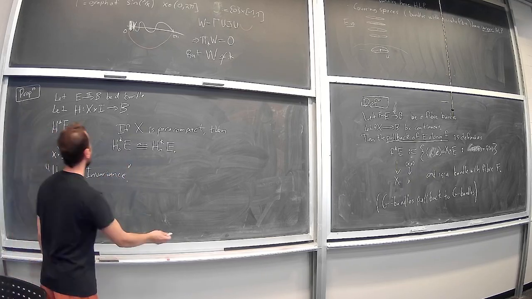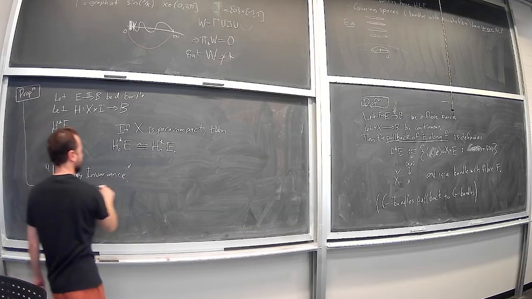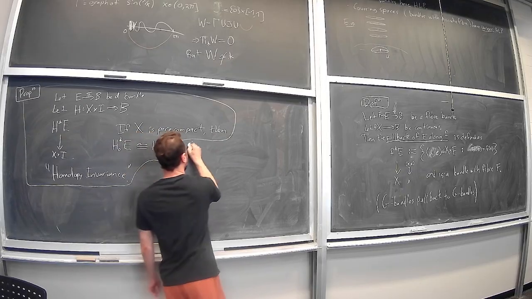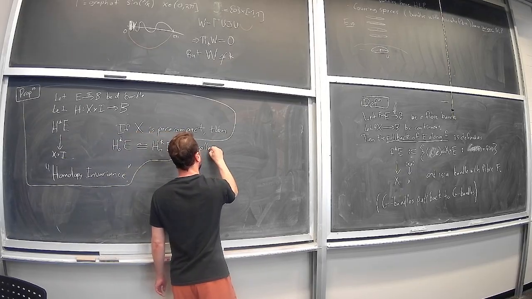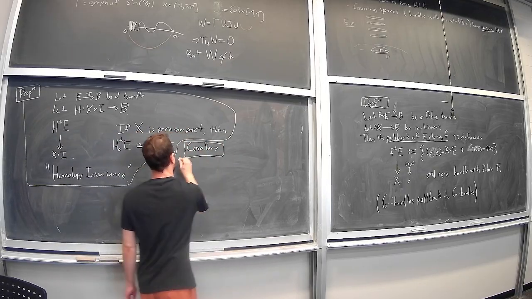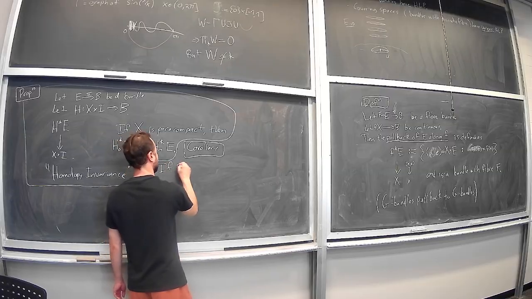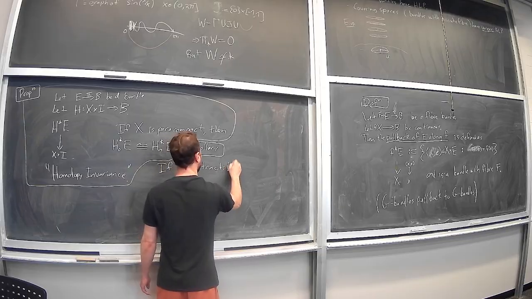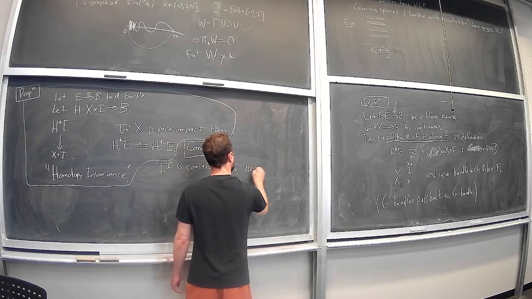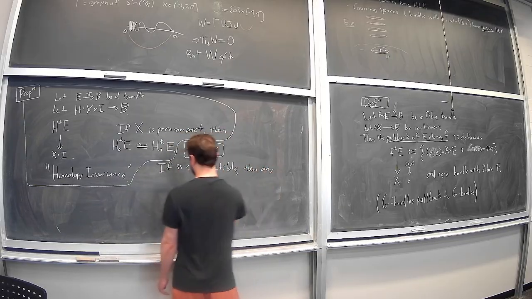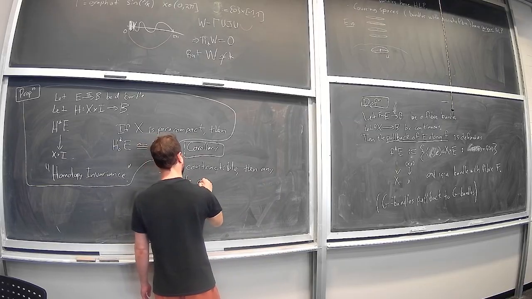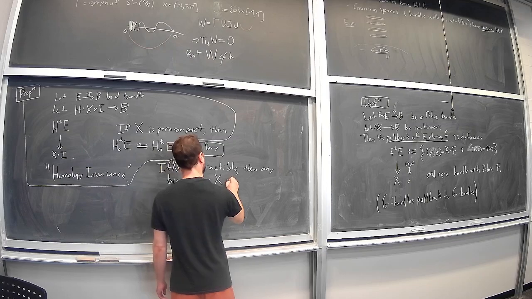Here's an immediate corollary. Let's box this off. If X is contractible and sufficiently nice, like paracompact, then any bundle over X is trivial.